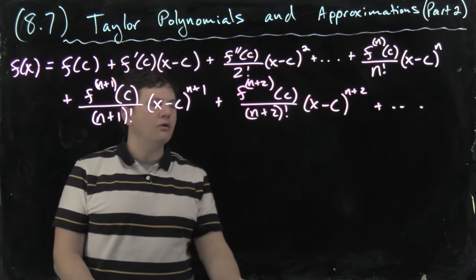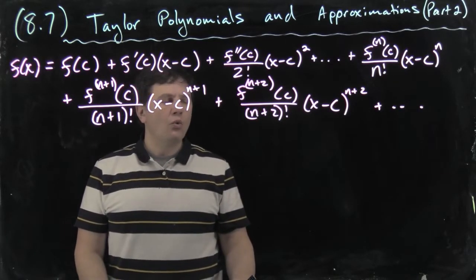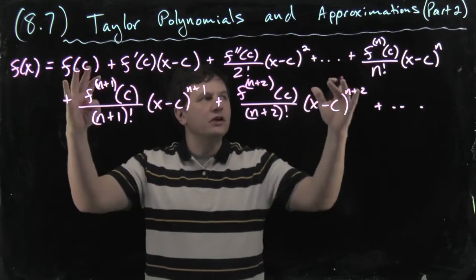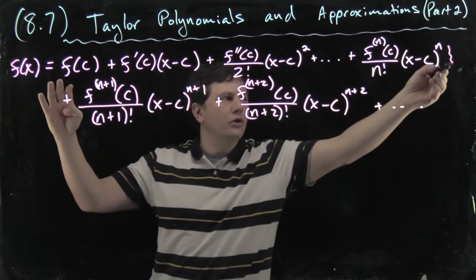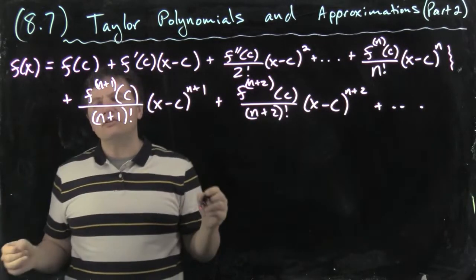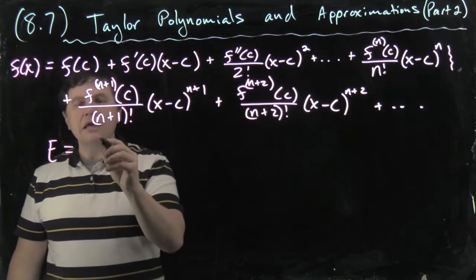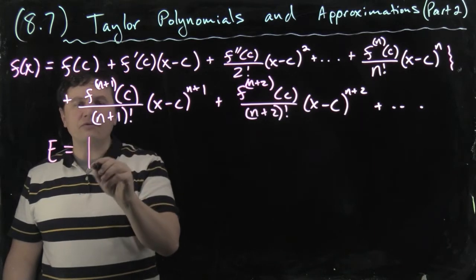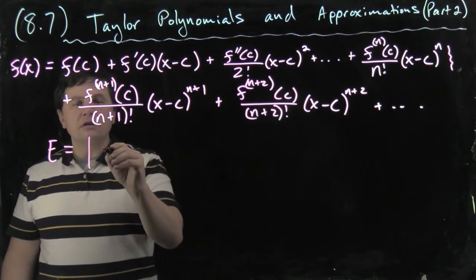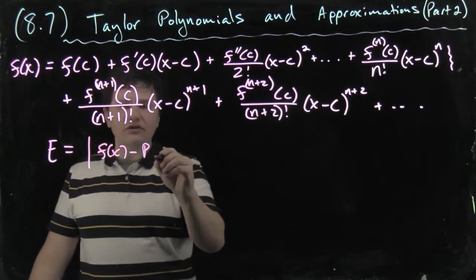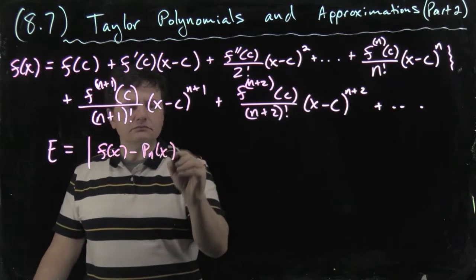So really what we want to figure out is the part we chopped off. So if this is equal to, if we ended at a certain polynomial, then what that means is our error, and by the way, in this class when we talk about error, we're always talking about the absolute value of the difference between the function and the approximation. We're not doing relative error or anything like that.